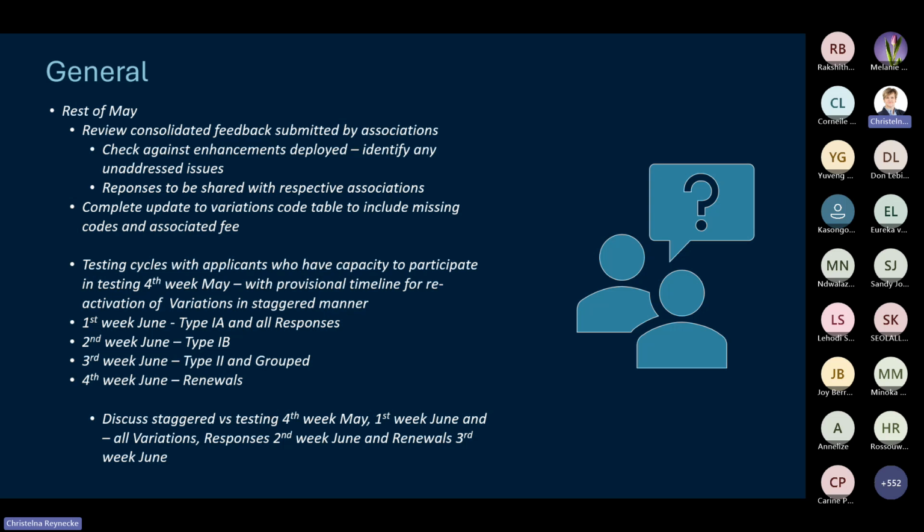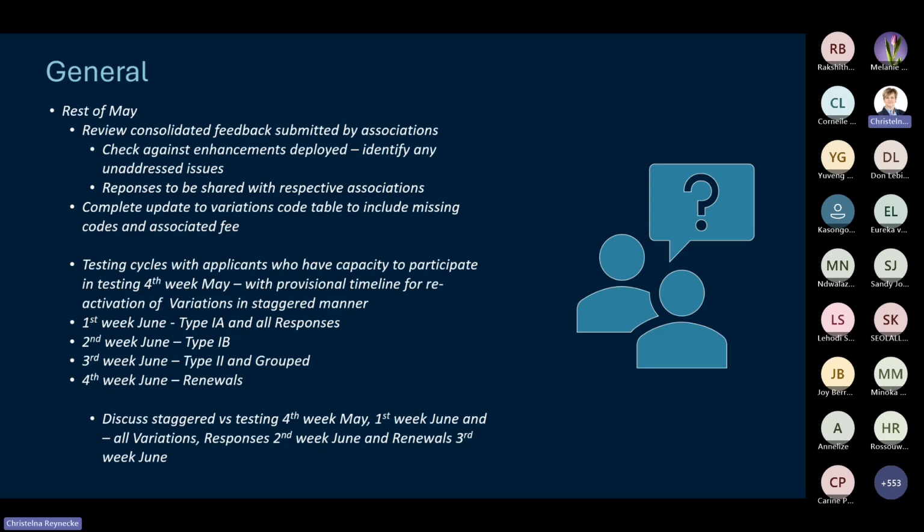And as a result, if a specific code was selected and there wasn't a corresponding fee on the table, unfortunately the system would not be able to produce an order form, and that's when we saw a lot of the screenshots come back with a blank screen. And this is a result of the fact that the input table that was provided for upload did not have associated fees for all of those codes.